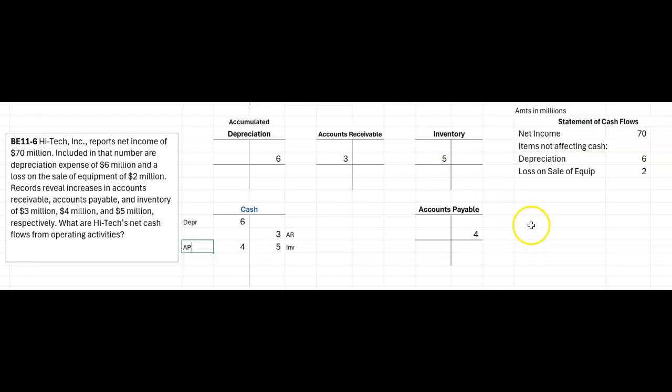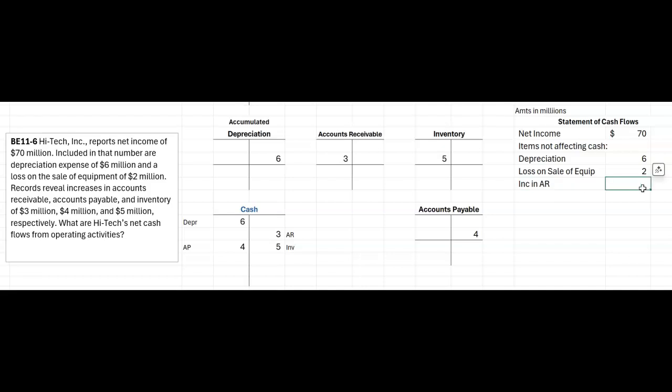All right, so now we can put these in. So far in our statement of cash flows, we've got net income of 70,000. We added back depreciation, and we added back a loss on the sale of equipment. Now for accounts receivable, we're going to say increase in accounts receivable. You can think of that as sales that increased our receivable, but we didn't get the cash for them.